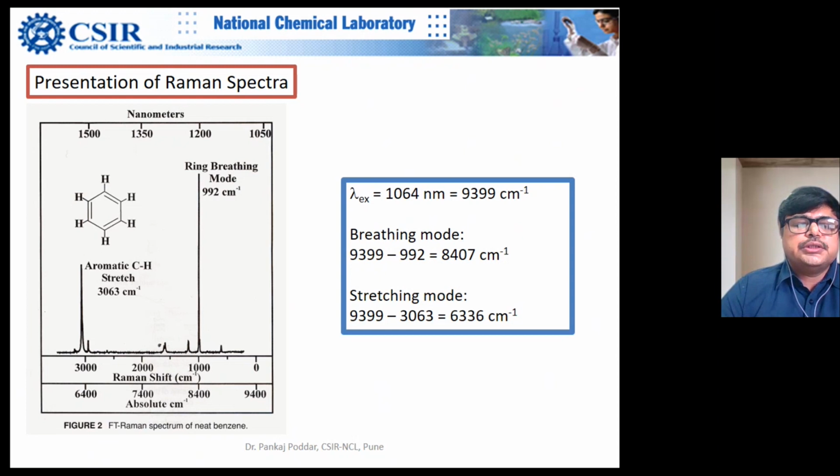You can plot it in electron volts or nanometers, and here the same spectrum is plotted in nanometers, but the convention is that Raman shift is how much it is shifted from the Rayleigh line. The closer you go towards zero, the harder it gets; especially below 100 centimeter inverse, the experimentation becomes challenging. I will speak about it.